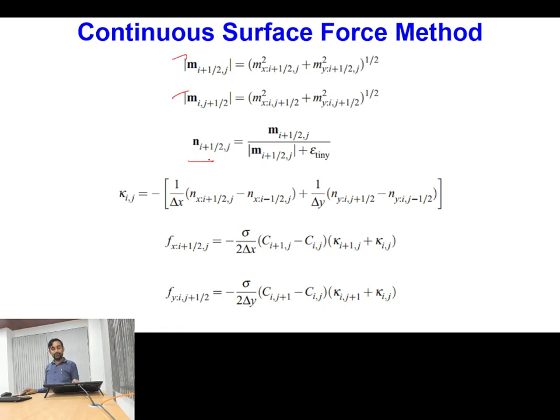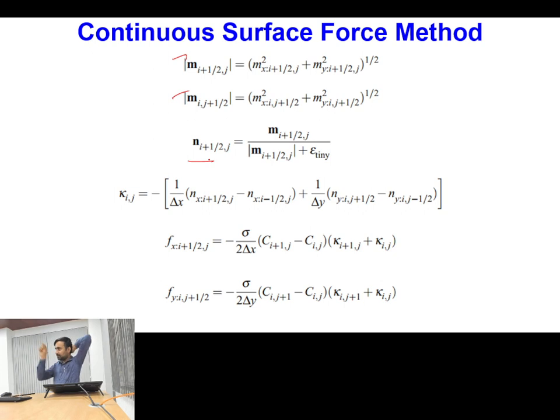This magnitude of m for cells which are not containing interface, for these cells this value will be coming equal to 0. Because what is this m? Normal to the interface. The cells which are not containing interface, there ultimately the value of m has to become 0.